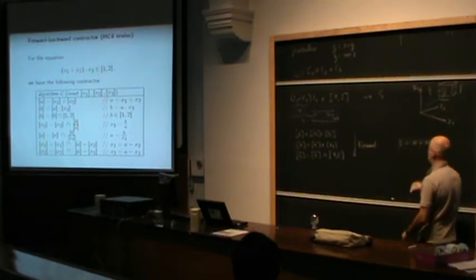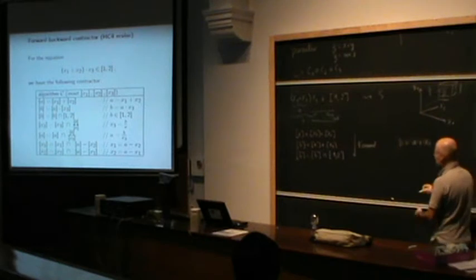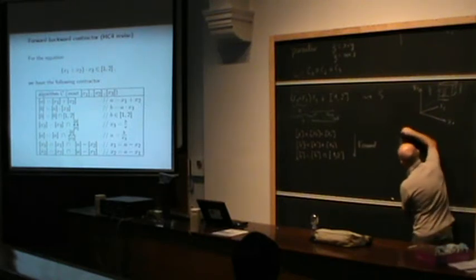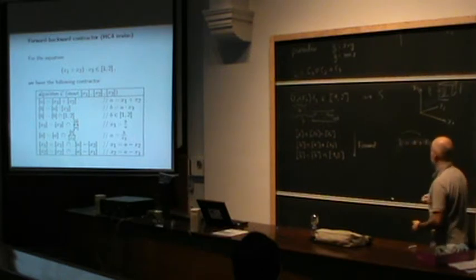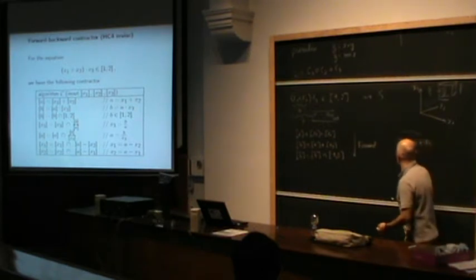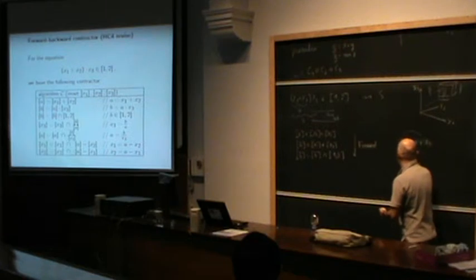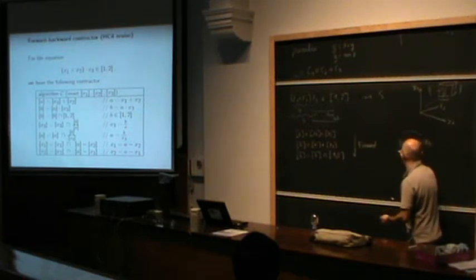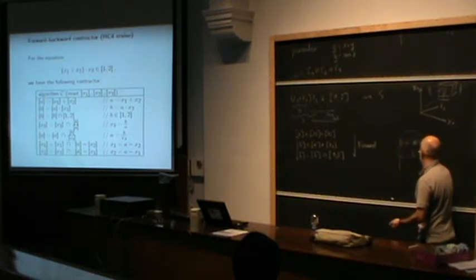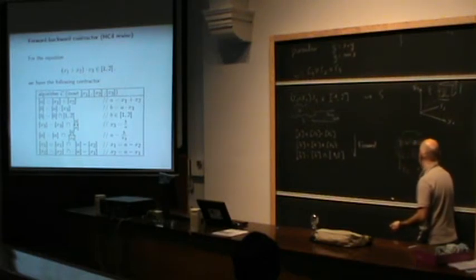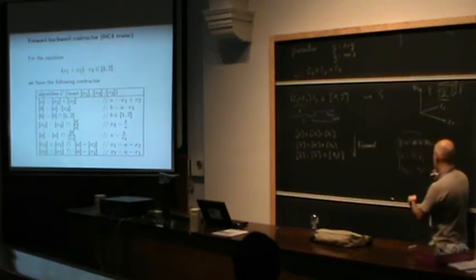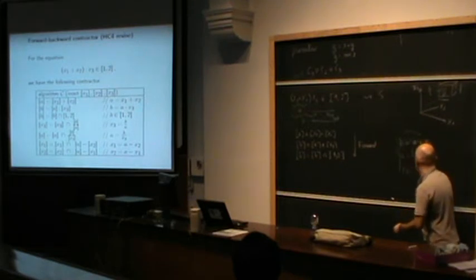Because I have this, I want to propagate back the information from B to A and x3. So how will I do it? I will write that A is equal to B divided by x3, and also that x3 is equal to B divided by A.